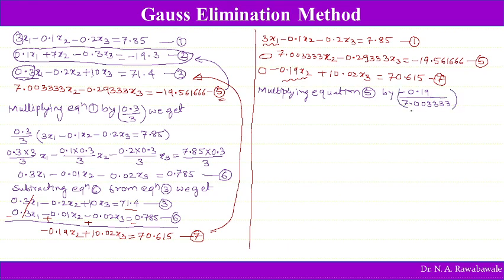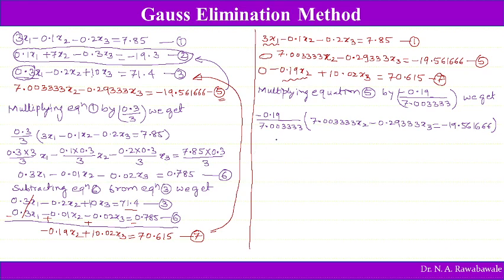So equation number 5 is multiplied by this term, we get minus 0.19 divided by 7.003333 into equation number 5, which is 7.003333x2 minus 0.2933x3, which is equal to minus 19.561666.